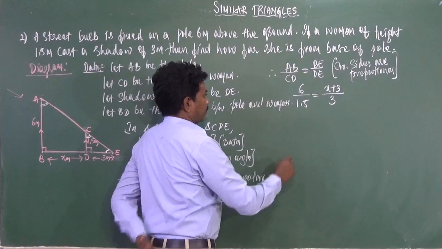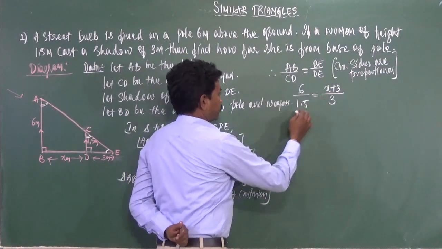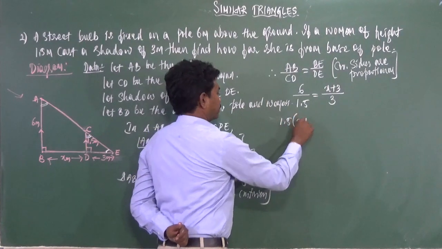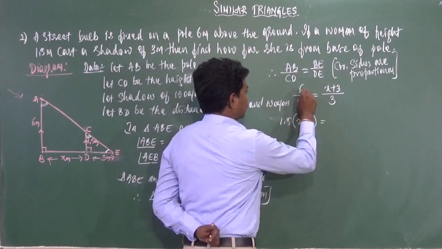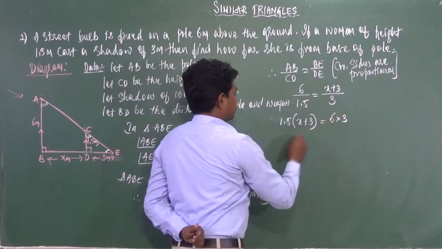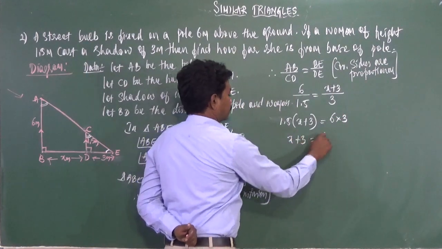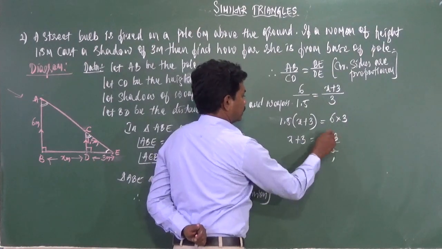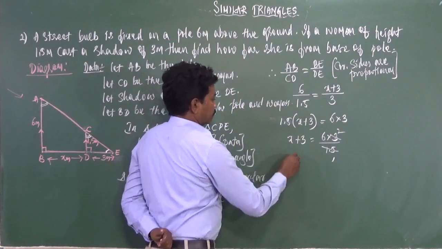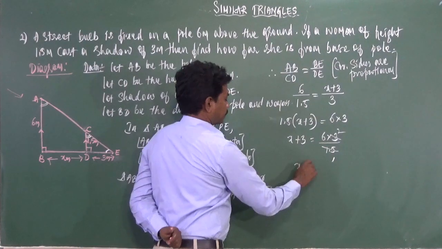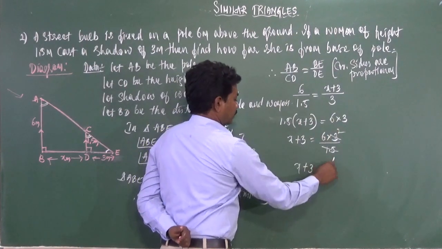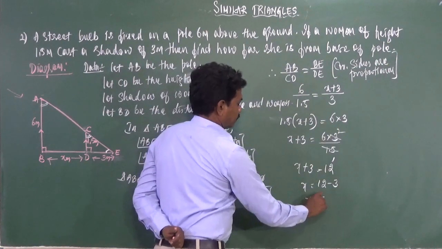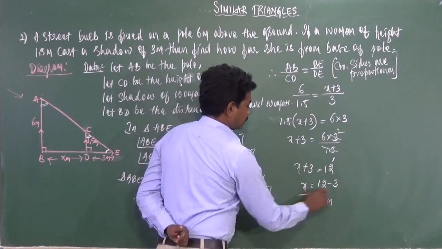So you can go with cross multiplication. 1.5 into X plus 3 is equal to 6 into 3. So X plus 3 is equal to 6 into 3 by 1.5. 1.5 goes into 3 two times, so 6 twos is 12. So X is equal to 12 minus 3. So X is equal to 9 meters.